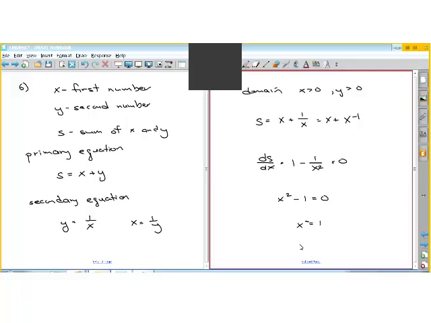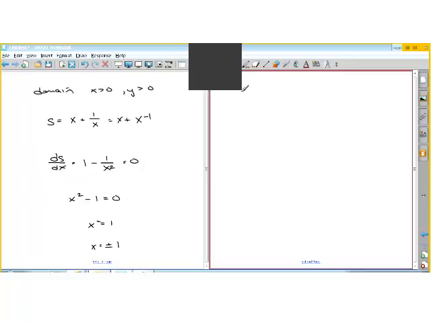So we solve and get x equals plus or minus the square root of 1, which is 1. Those are our two numerical solutions, but x equals 1 is the only solution in the domain as the problem has defined it.